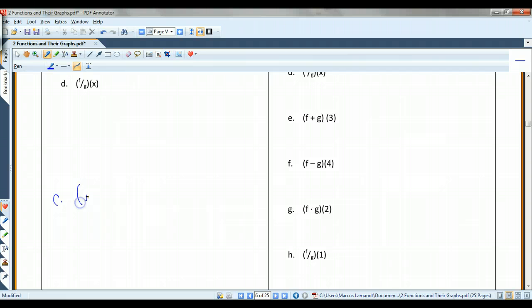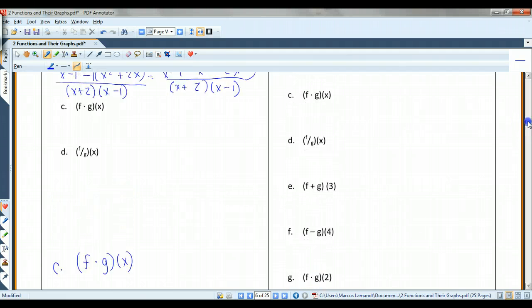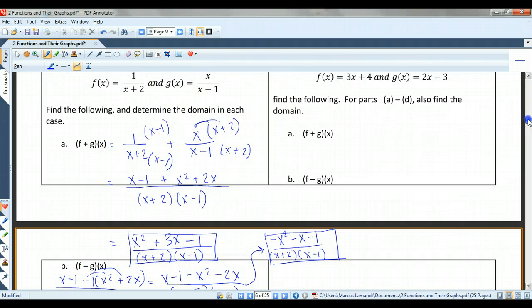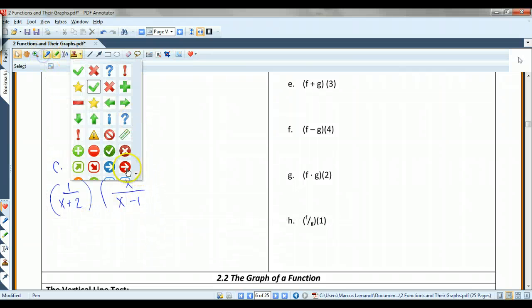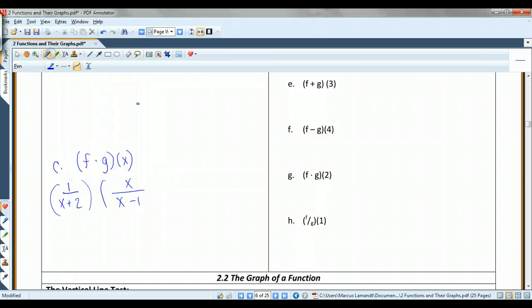So we've got f times g of x. Multiplying fractions, in my opinion, is much easier than dividing fractions. I've got 1 over x plus 2 times x over, I think it was x minus 1. And you just multiply across.